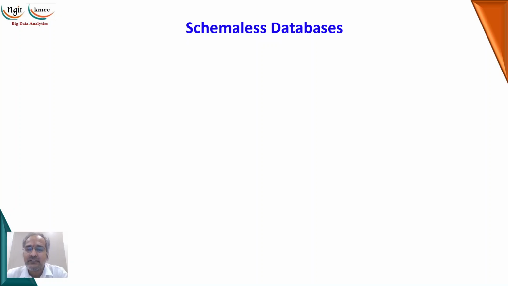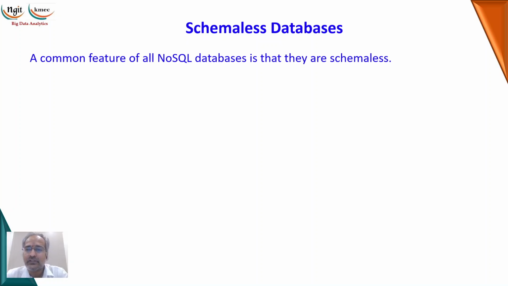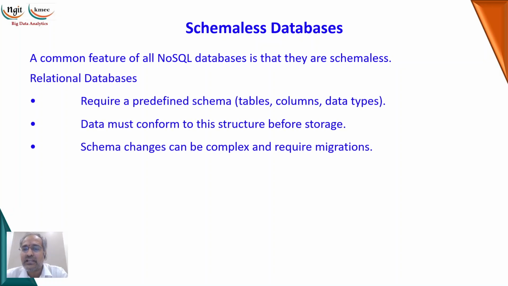Schema-less databases is another concept here. Being schema-less is a common feature of NoSQL. And what is the comparison with relational databases? A relational database requires a predefined schema, and the data must conform to the structure before storage.